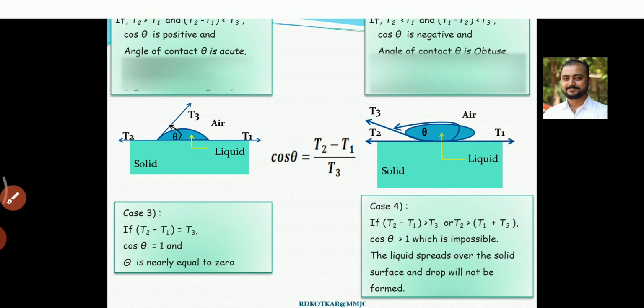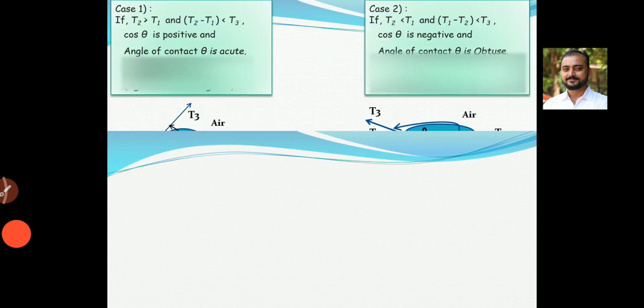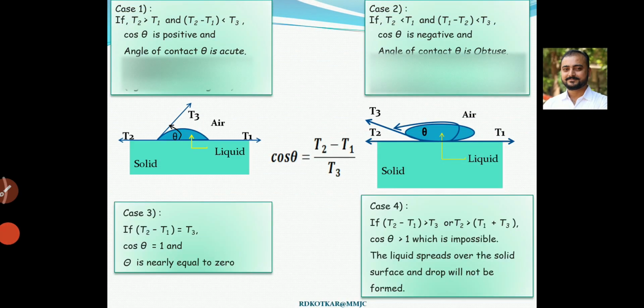That's why we say there is impossibility of formation in this case. If it occurs, the liquid spreads over the solid surface and a drop will not form. So friends, in this manner, these are your different cases related to the formation of the shape of a liquid drop.